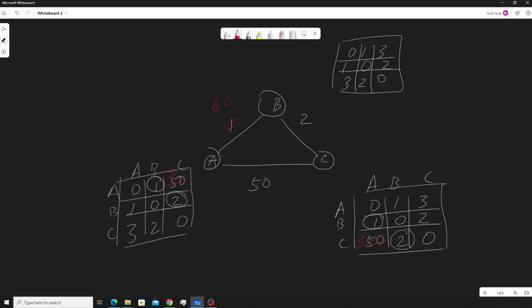And so one of the issues that can arise is when B advertises this link that costs 60 to C, okay? So we'll update this link to be 60, okay? 60, 0, and 2. Then C will look for a different route, okay?